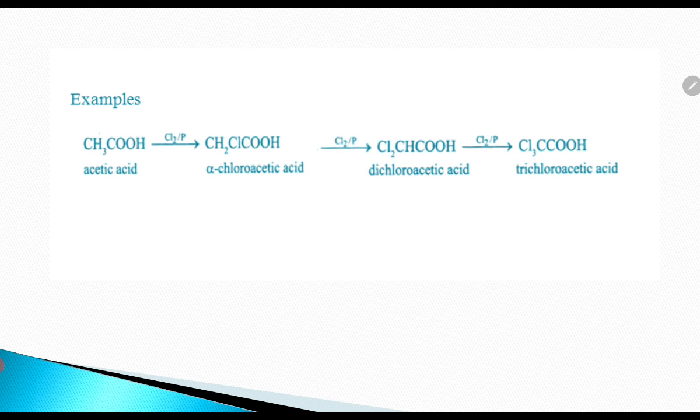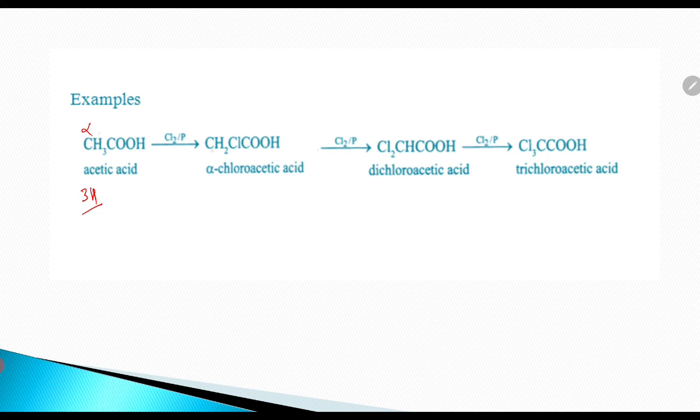Next, see, if the alpha position has more hydrogen atoms, all the hydrogen atoms can be replaced by halogen atoms. See here, in acetic acid, we have 3 hydrogen atoms present on the alpha position.